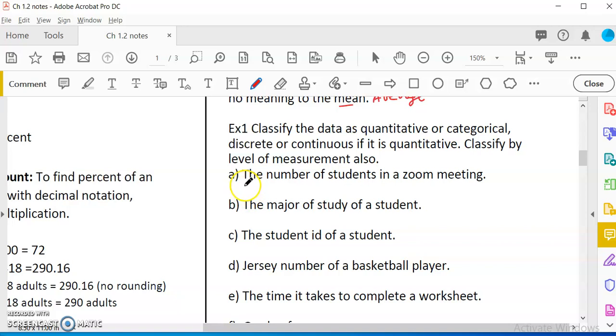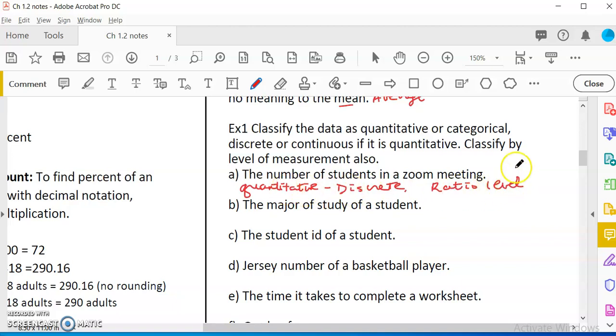So it is quantitative. And these numbers are always whole numbers, and I think they're finite. So it is quantitative discrete, right? In terms of level, 0 means 0. So ratio level.